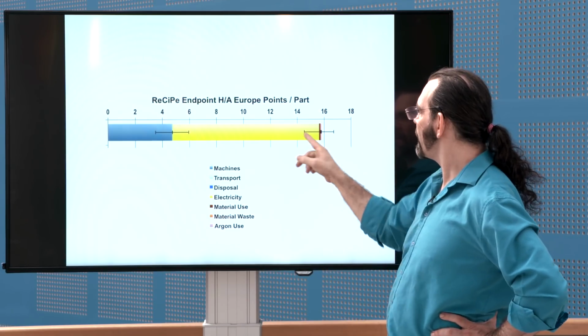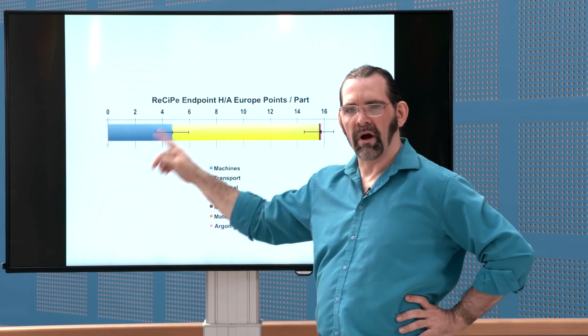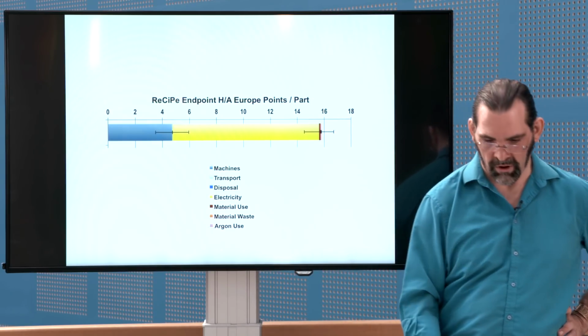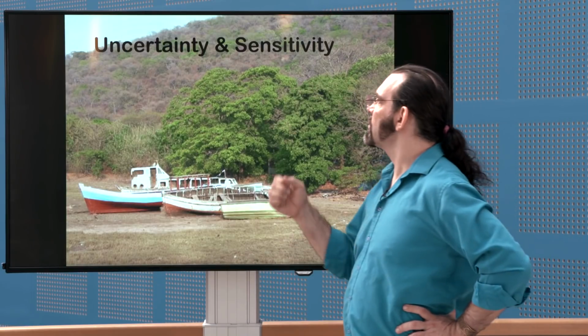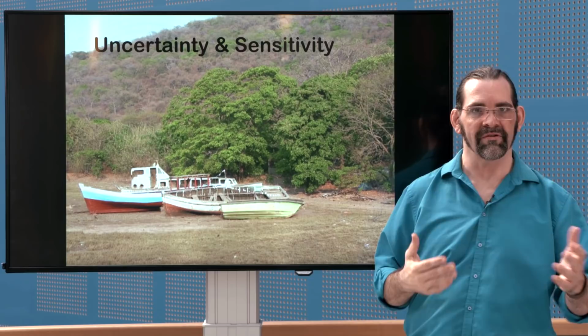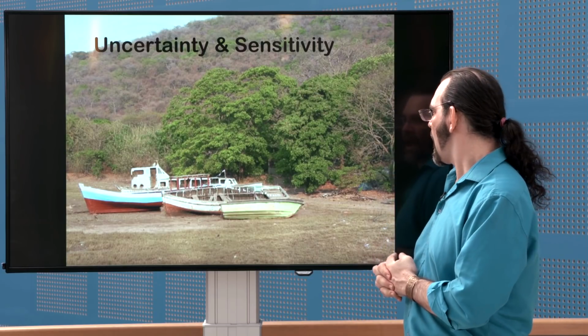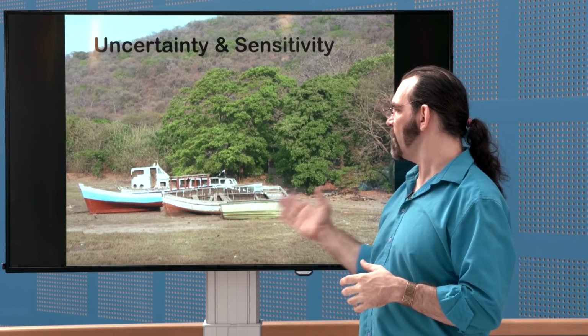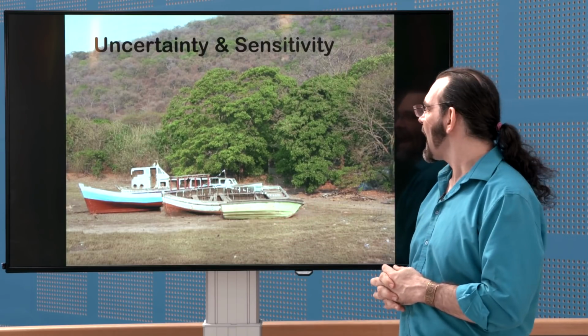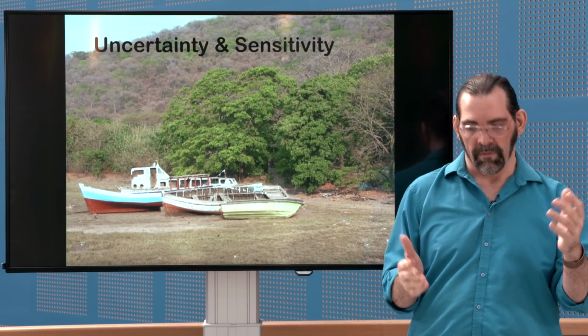But you can see there are these error bars here, and it's very important to think about the error bars. That is your uncertainty and your sensitivity to initial conditions. Sometimes it matters a whole lot whether you made the right guess about where you were going to land. And sometimes it doesn't matter at all.